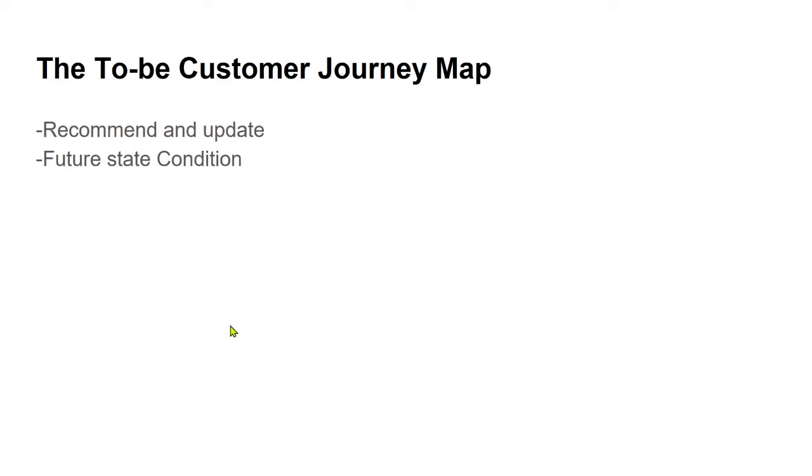So, the to-be customer journey map recommendation. The purpose of the to-be customer journey map recommendation is to recommend and update some milestones in the as-is customer journey map. I revised my existing customer journey, making a few changes to what will occur in the specific journey steps, as well as its phases and stages.